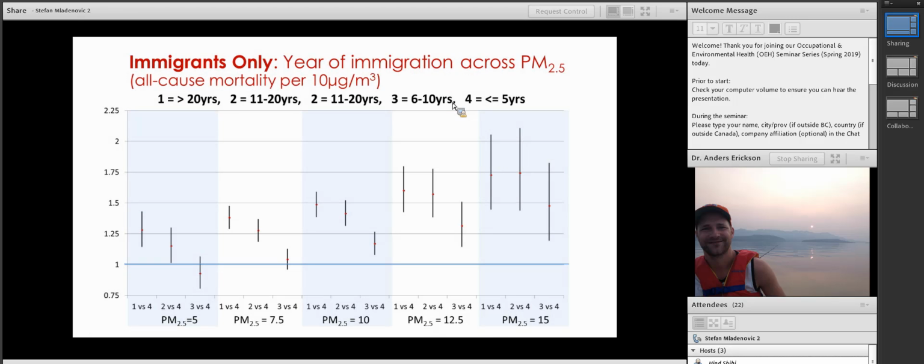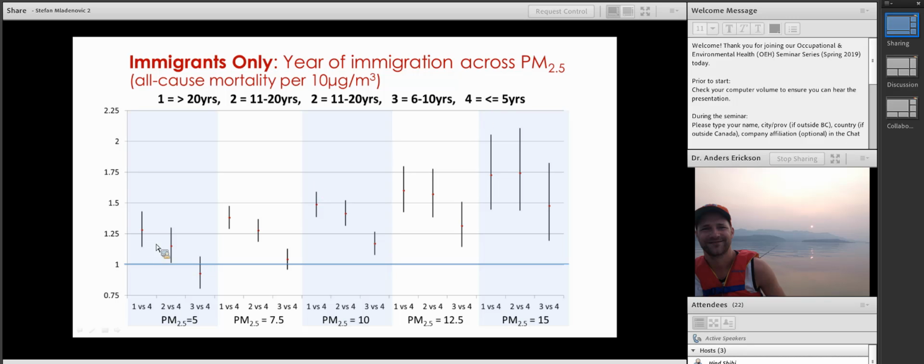This one is looking strictly at immigrants only. So again, lots to look at. Let's focus on the left-hand panel here. The reference group is the most recent, less than 5 years.